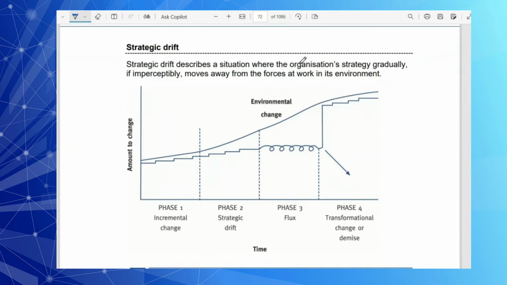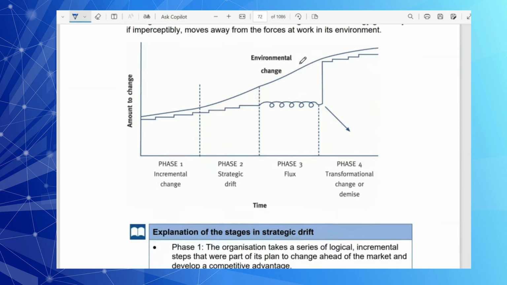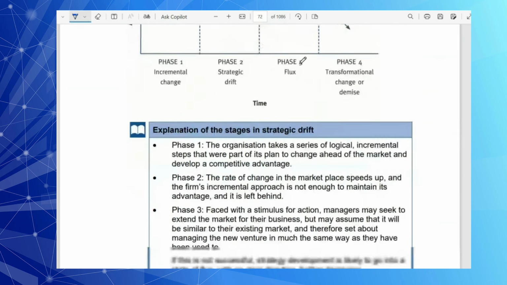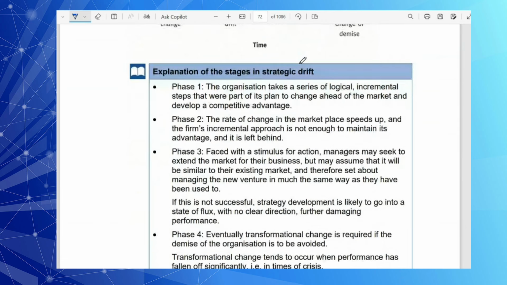Then the stimulus for action: managers may seek to extend the market for their business. Where this action is not properly taken care of, they assume that it will be similar to their existing market.